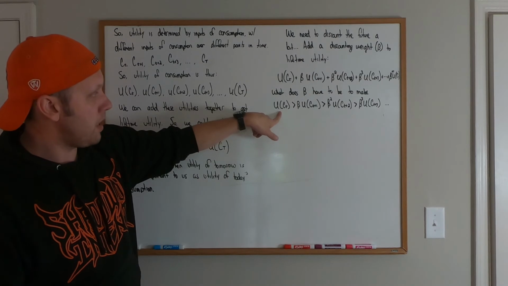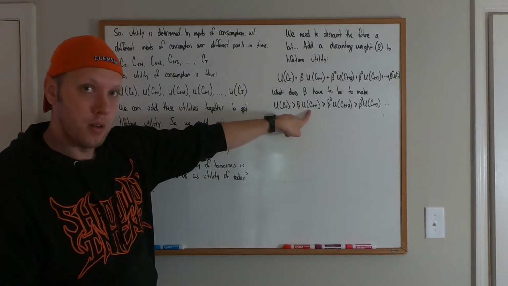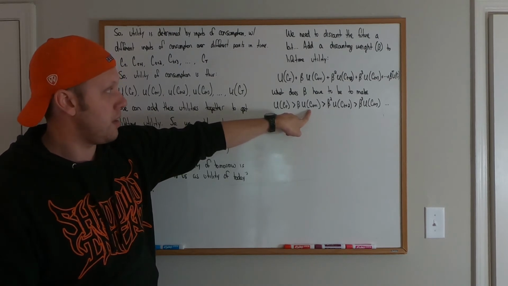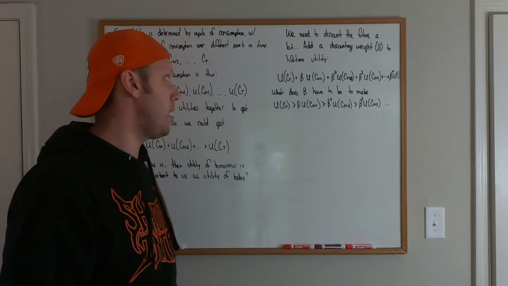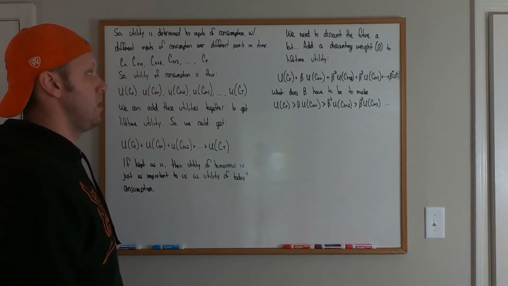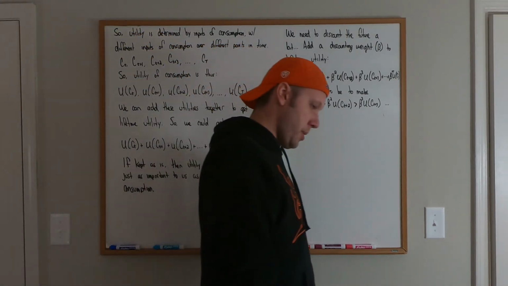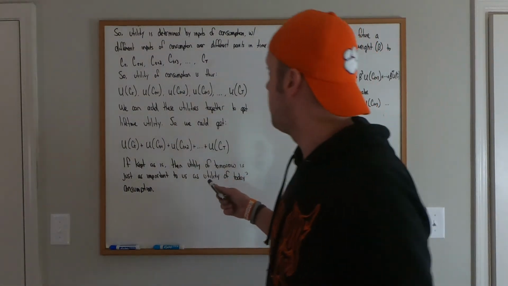What does beta have to be to make sure that utility of consumption today is more important for my consumption choices today than my consumption choices tomorrow, 2 days ahead, 3 days ahead, on and on and on? Well, if I want to weigh it down, that means beta's got to fall within a certain range. But utility still needs to be positive.